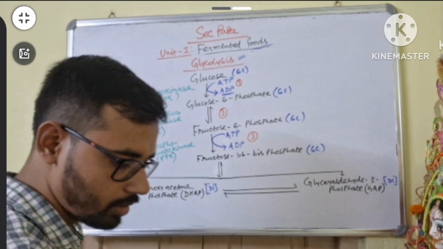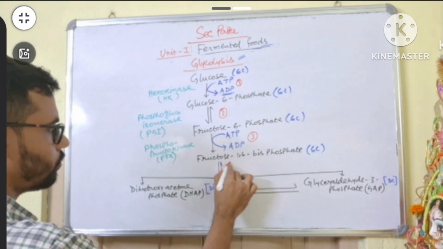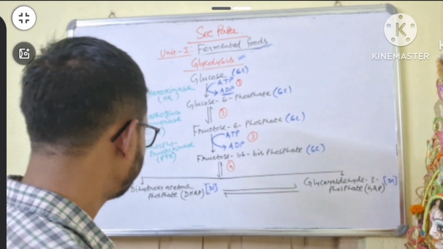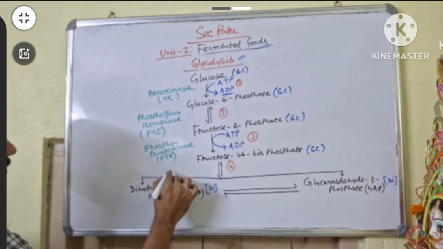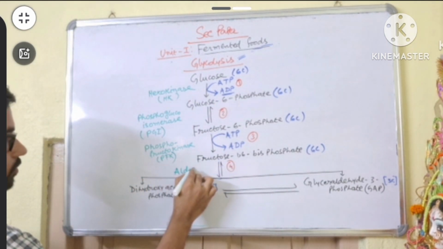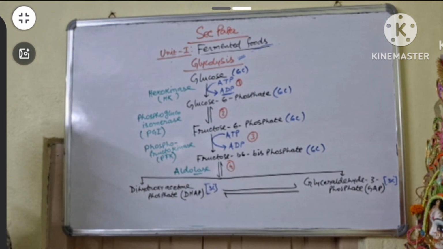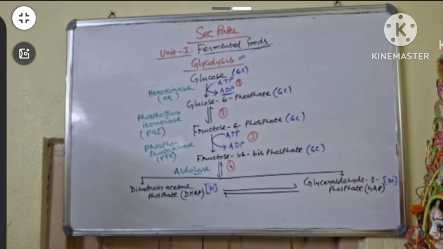This is reaction number 4, and I forgot to write the enzyme. The reaction number 4 enzyme is aldolase. Aldolase, a breakdown, lysis reaction. Split into two halves, one half DHAP, the other half GAP.